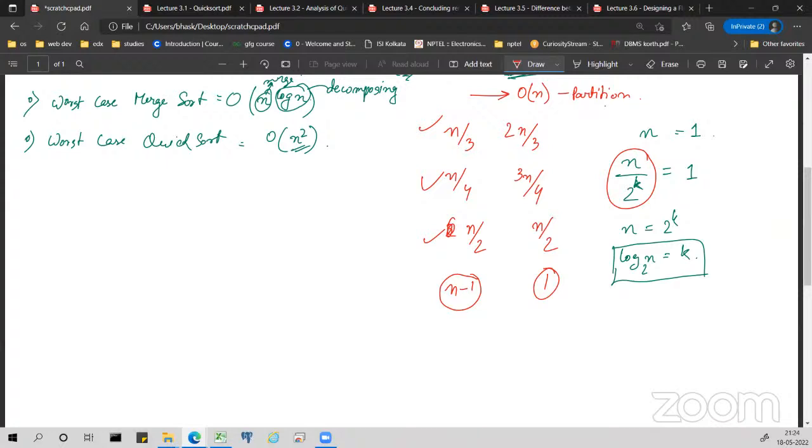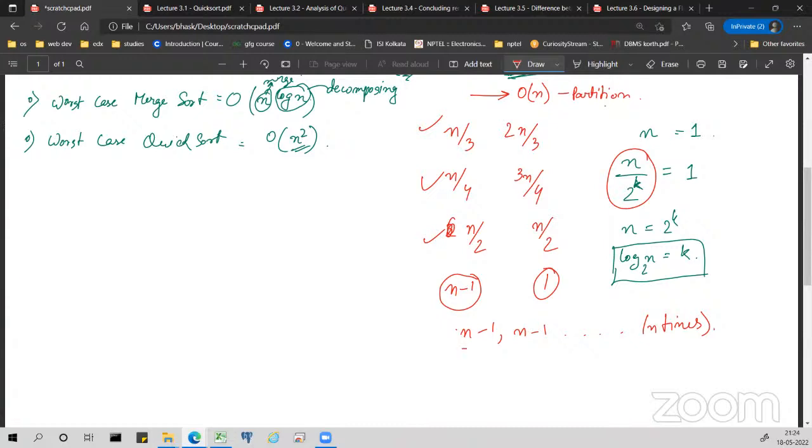So if I do n-1, n-1, then how many times do I have to do it in order to reach a single element? I have to do it for n times, right? n-1, then again n-1, dot dot dot. Actually n-1 times. So let's consider order of n times in order to reach a single element.